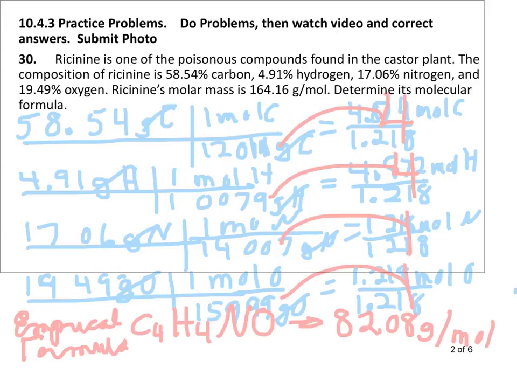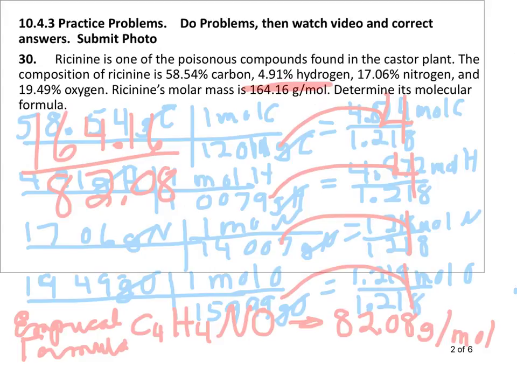And then up in our problem, it told us we had a molar mass of 164.16. So, right over top here, 164.16 grams per mole divided by 82.08 grams per mole. I'm not going to write them down because they're just going to cancel out anyway.